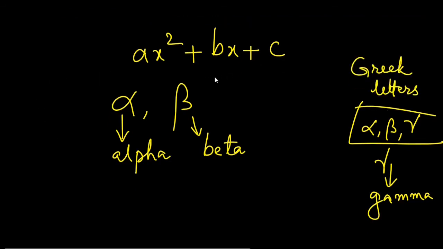Now let us write the relation using alpha and beta and also a, b, c, which are the coefficients of ax square plus bx plus c, the quadratic polynomial.